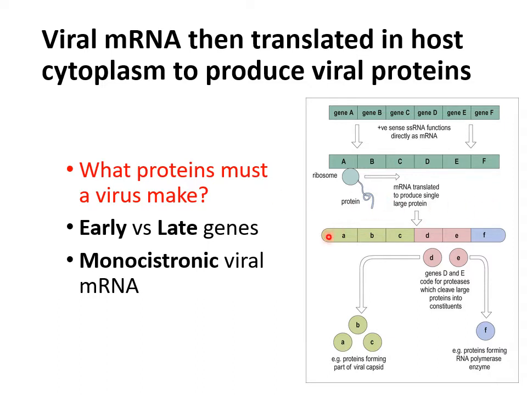So when you look at this figure here, if you were picturing this long monocistronic nucleic acid, you end up ultimately from that one long sequence, you produce one long protein that then gets chopped up into the individual proper little proteins. So monocistronic means you have a string of multiple genes put together, and then ultimately they produce one large protein that gets chopped up into the individual usable little proteins.